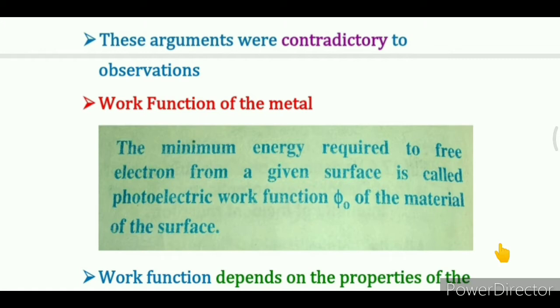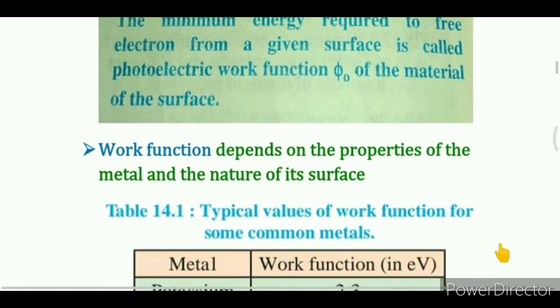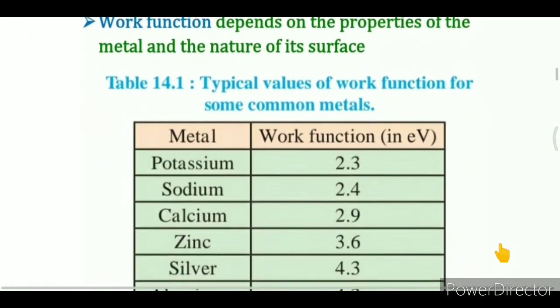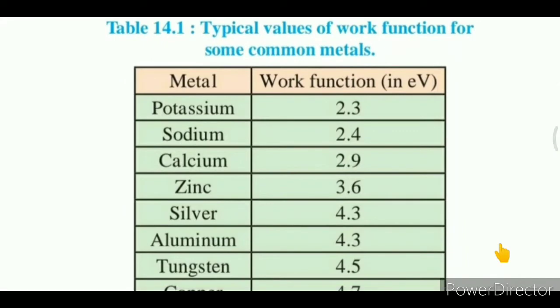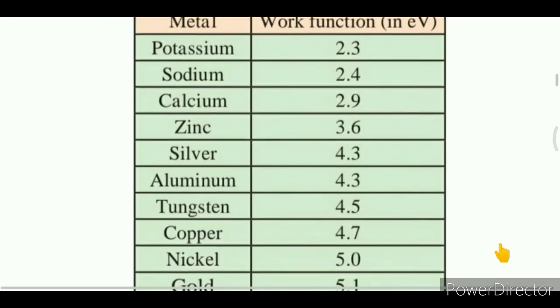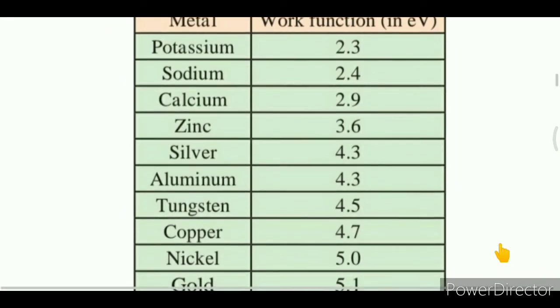It is called the photoelectric work function, denoted by phi 0, of the material of the surface. The value of the work function for a certain material is the same, but is different for different materials.